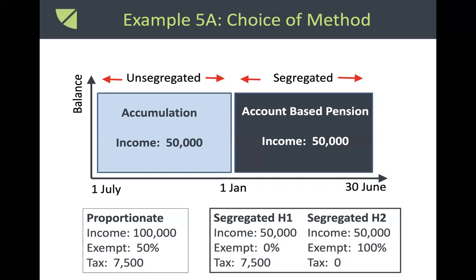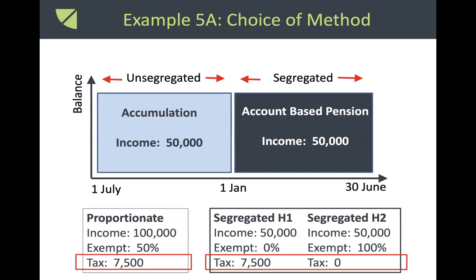We only look at the position in this second half when the assets are segregated. And because the income is all exempt, the tax is going to be 0. So if we add up the tax in the first half and the second half on the right-hand side, we have $7,500 of tax, which is identical to the tax under the proportionate method.